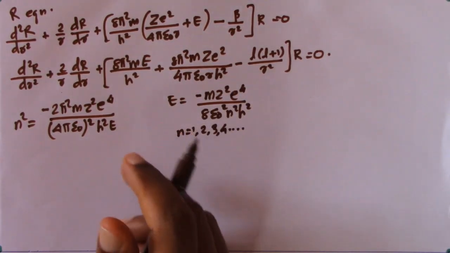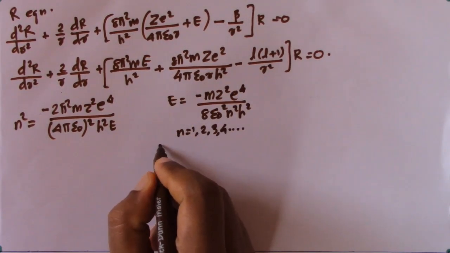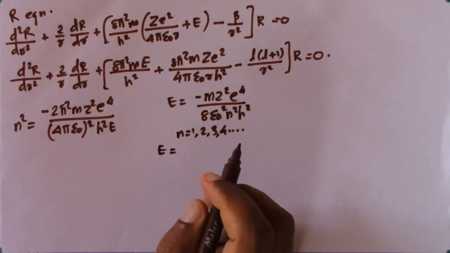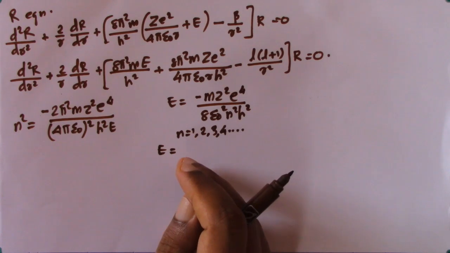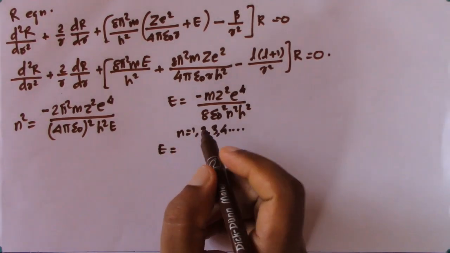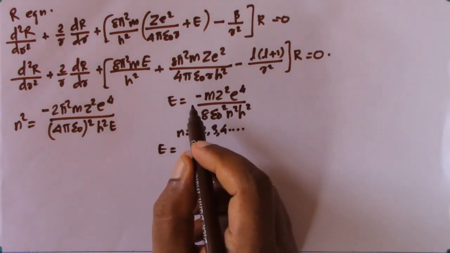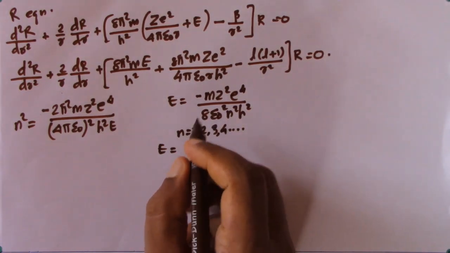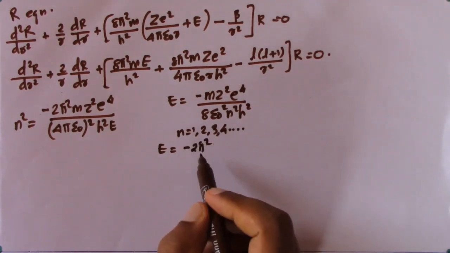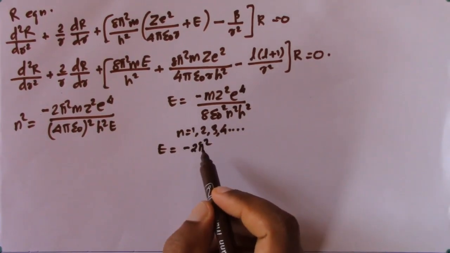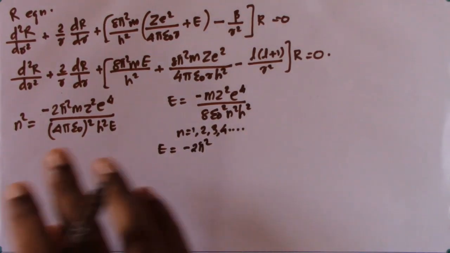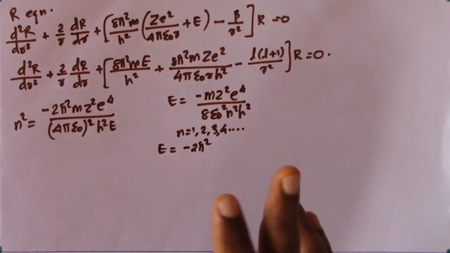For example, I can multiply this equation with 2 pi square. Then I will get minus 2 pi square. I multiply the numerator with 2 pi square, and I multiply the denominator also with 2 pi square, so that the value doesn't change.